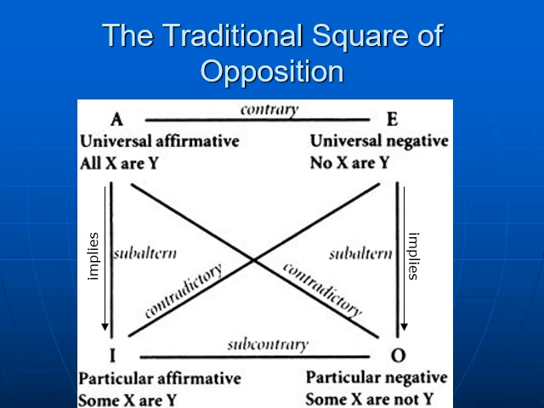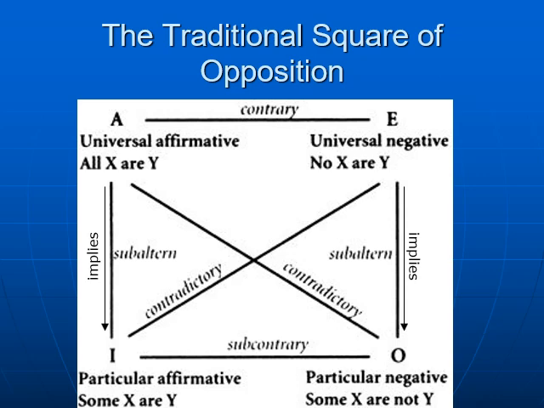We just looked at a couple of examples of that, the way in which A statements imply I statements and E statements imply O statements. There are also some other immediate inferences that can be represented in this diagram. For example, if you know that an A statement is true, you can immediately conclude that the corresponding O statement is false.